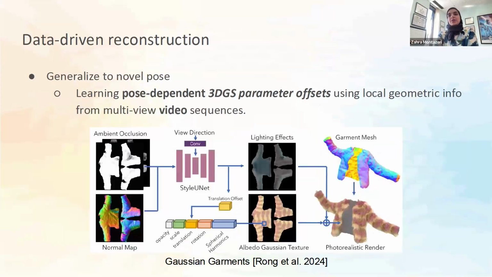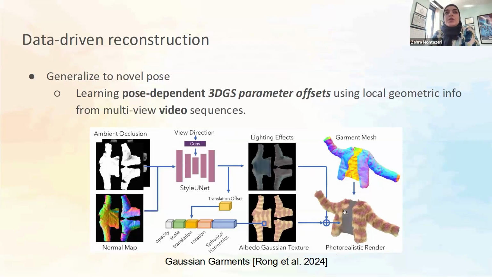And then lastly, what I wanted to talk about is this learning-based approach, where you use 3D Gaussian splatting. And here we do pose dependence. So it basically learns about different poses, and then we can use local geometric info, and given a video sequence from all around an object, we can spit out the actual rendered image.